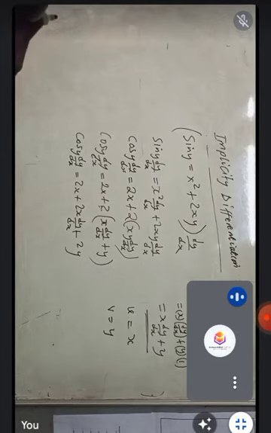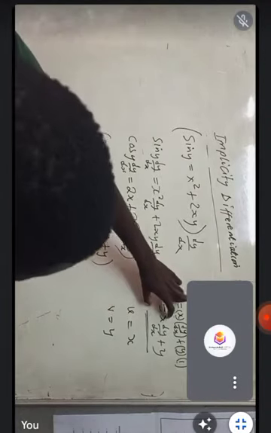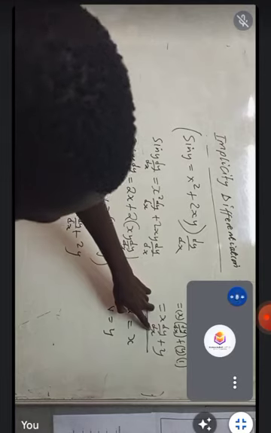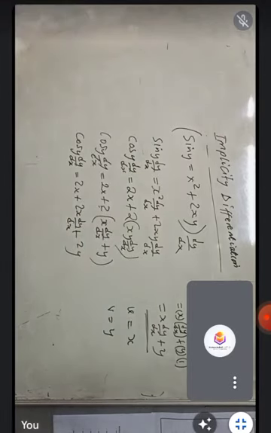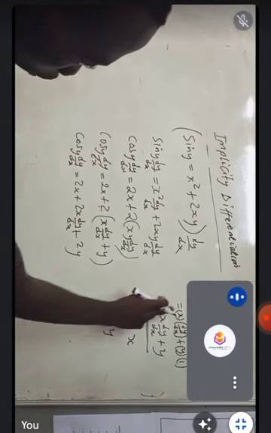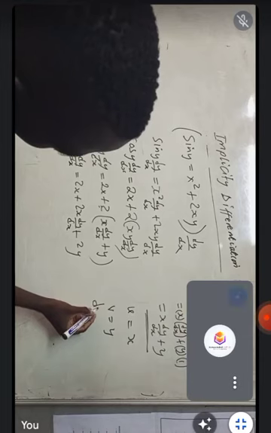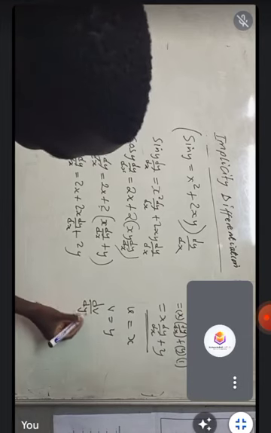Are we together? Yes. Okay. I want you to see where dy/dx is coming from here, combined with the x. So our u is equal to what? x. So this is x. Then dv/dx. Let's find dv/dx.